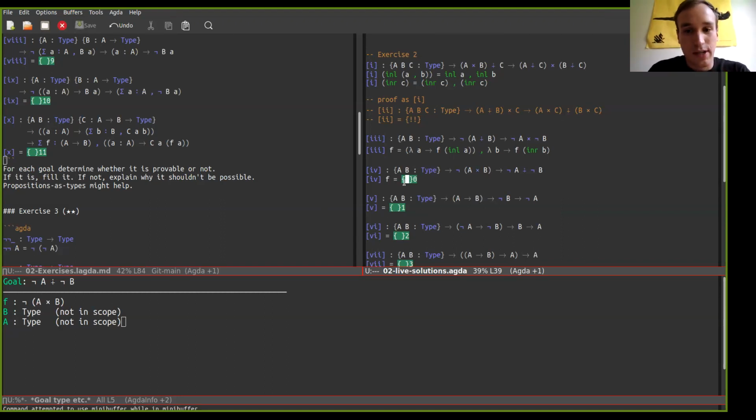So this has to be in left or in right of something, but which one is it? So we can't decide that because we don't know anything about types A and B here. Yeah, there's no way to choose from what we're given with F if this should be an in left or an in right.